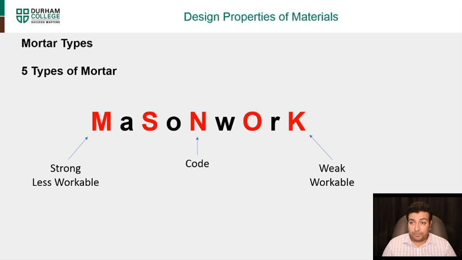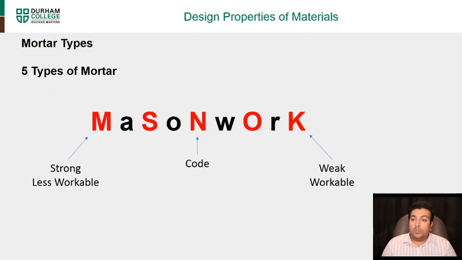Now, in Canada, according to CSA standards, there are 5 different types of mortar, and they are given by the code for MSNOK, usually used by mason work. So we say mason work, and each letter in that is the code for the types of mortar.